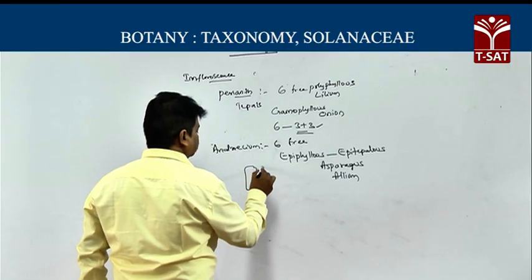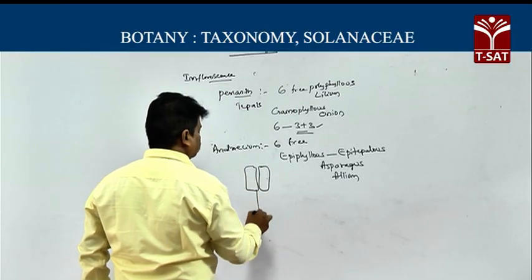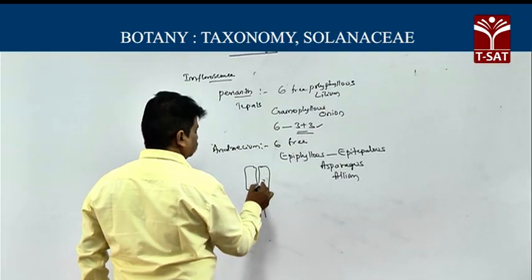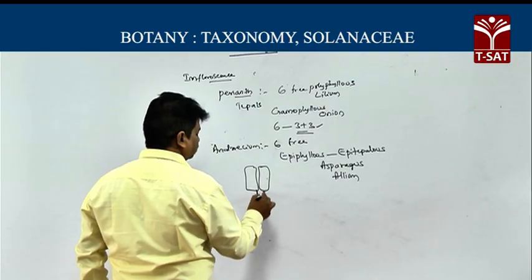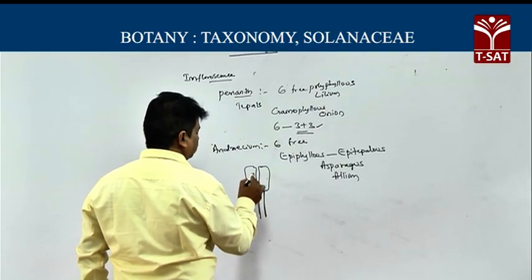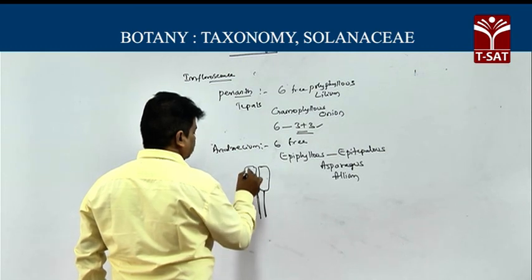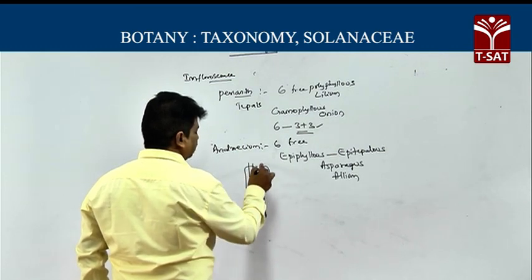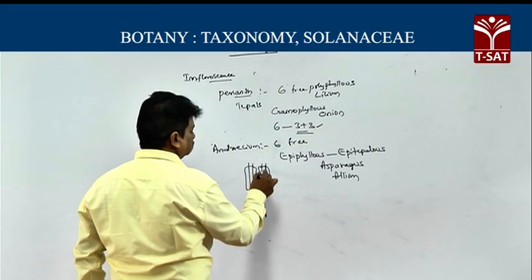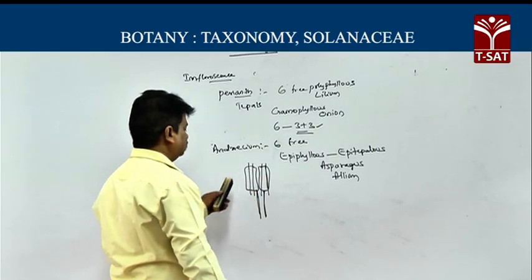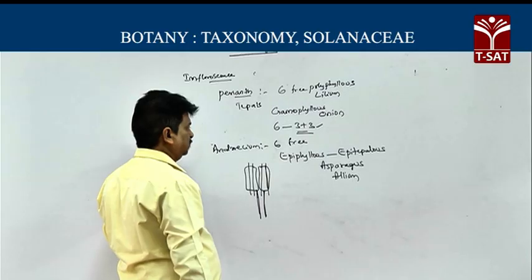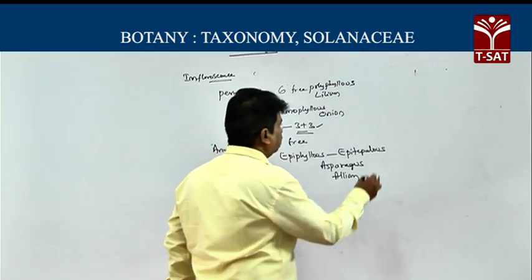Generally stamens are dithecous, 2 anther lobes present, basifixed, filament attached to base of anther, and the dehiscence is longitudinal. The anther wall splits vertically and liberates pollen grains.